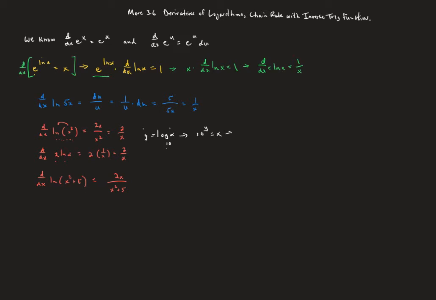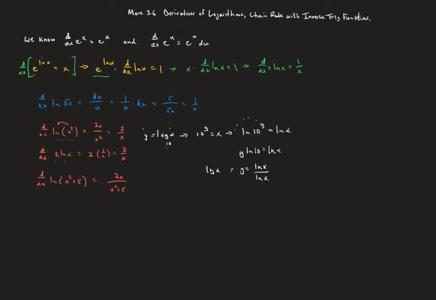And then from there, we're going to now take the natural log of both sides. So that's going to take us to here. We can use our property of logarithms and bring that y out in front to get to here. Now we can divide that natural log 10 to the other side. So the shortcut is, remember, y was our log of x.